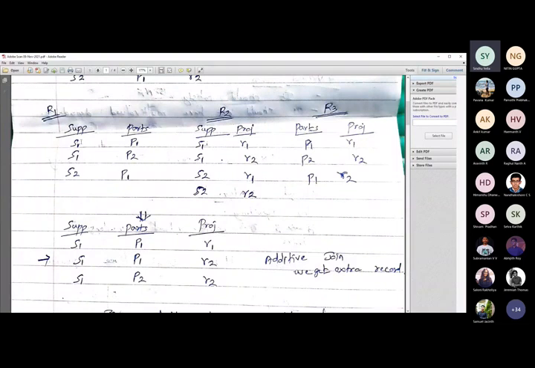So for example, you combine the fragmented relations R1 and R2, so you get S1 P1 R1, right? Then S1 P1 R2.